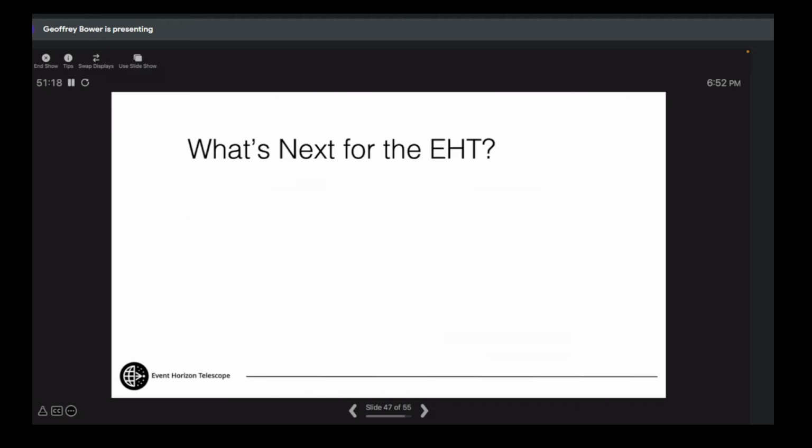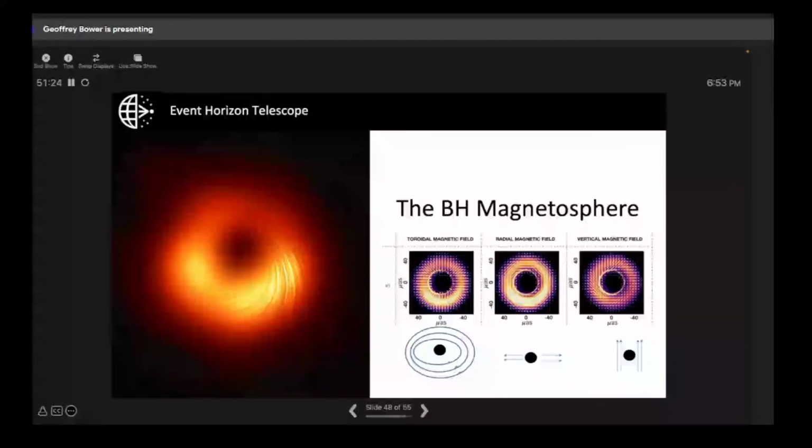Okay, let me just say very briefly a few things about where the EHT is headed. So you may remember a year ago we put out a polarimetric image of M87. Sagittarius star is very highly polarized, linearly and circularly polarized, and so we're quite interested to explore what we can see with Sagittarius star polarization.